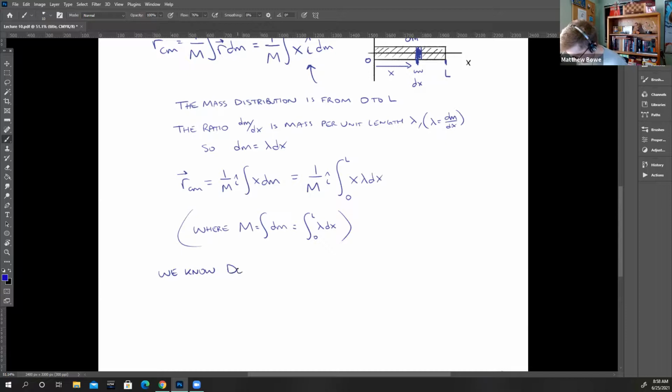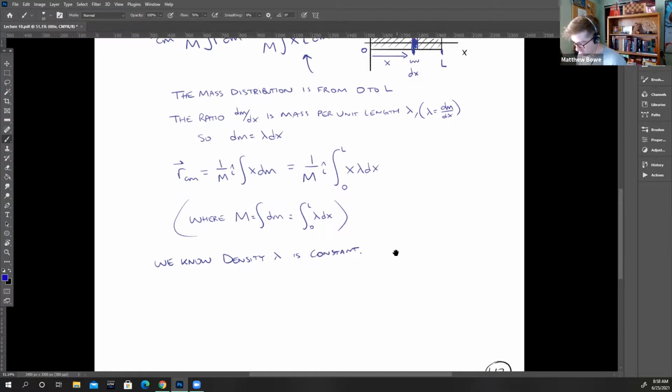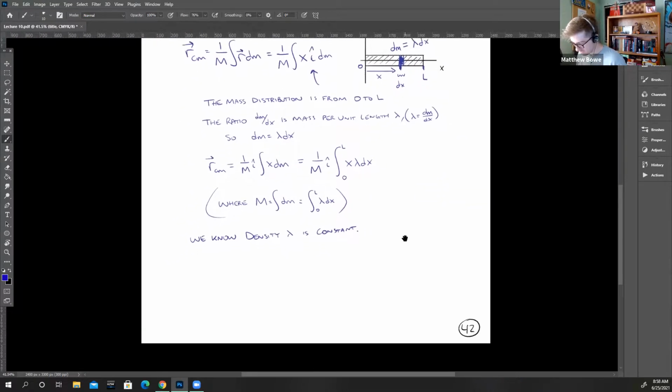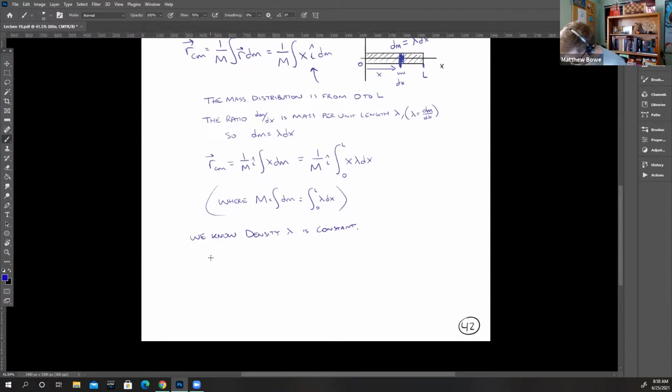We know density is constant, so I'm going to pull it out front in both of these equations. So we have this, leaving off from right here.